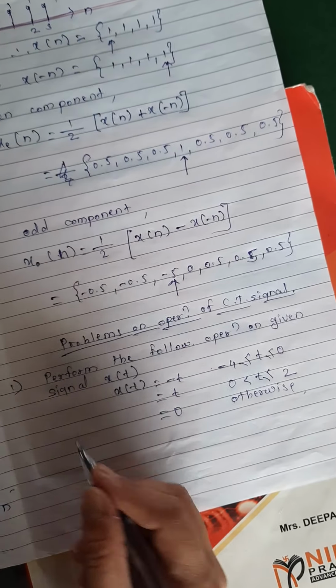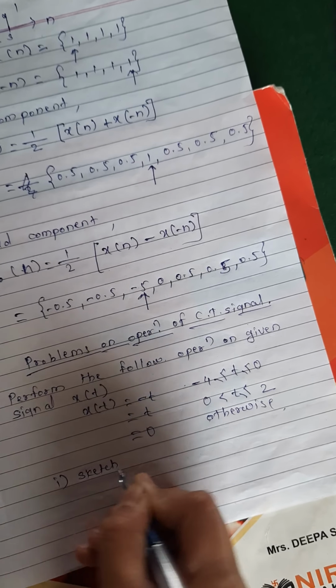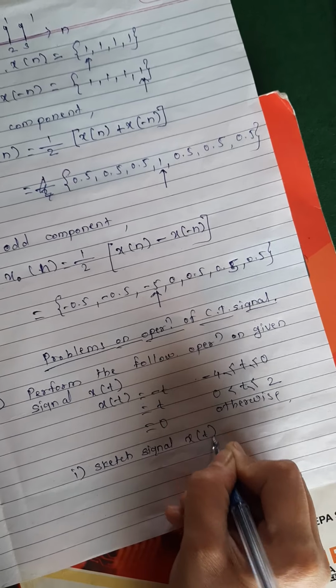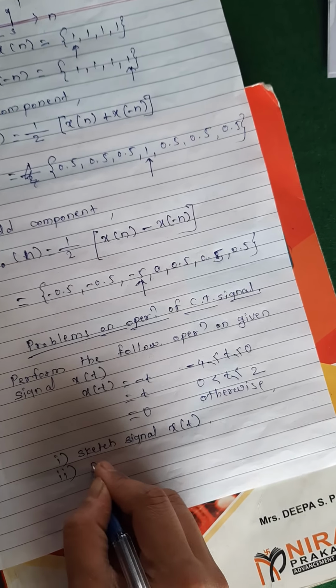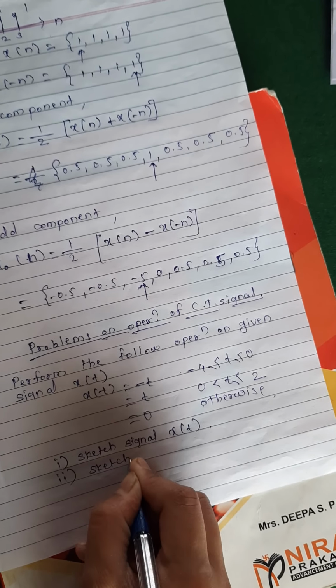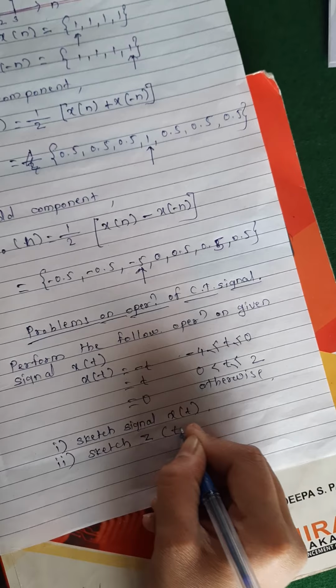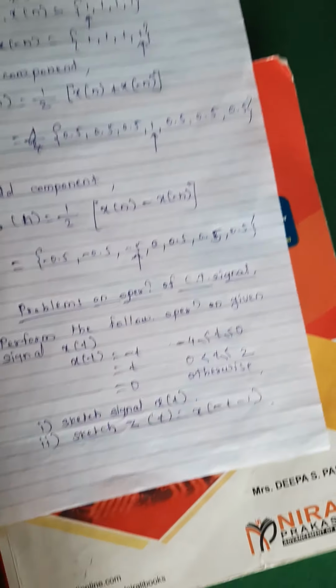So first is sketch the signal x of t, and second is sketch the signal z of t is equal to x of minus t minus 1.